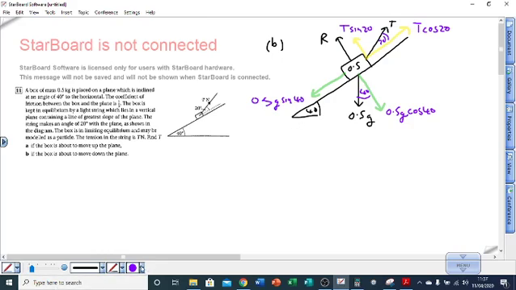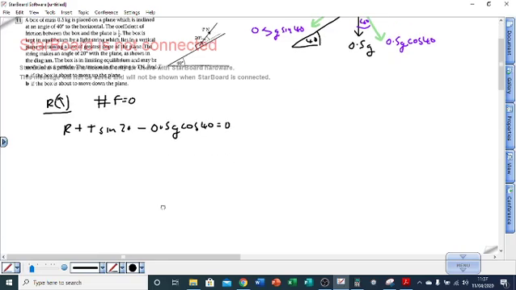So all I've got to do now is the same process, and that is to resolve perpendicularly, and we'll say up is positive, the net force is equal to 0, and I end up with R plus T sin 20 minus the opposing force, which is 0.5 G cos 40. We know that is equal to 0.